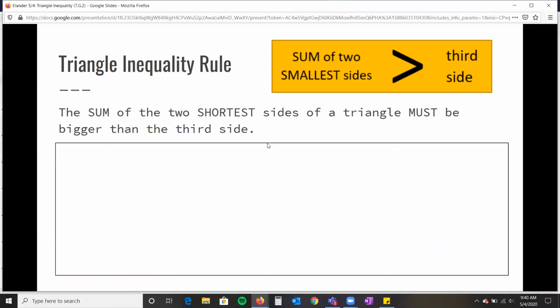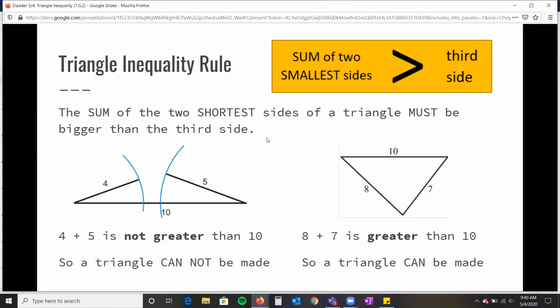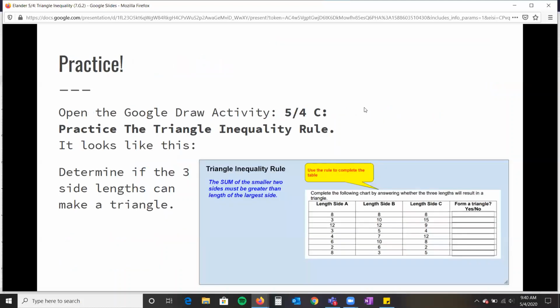All right, so that's our inequality rule. That's what you guys need to make sure you commit to memory: the sum of the two shortest sides must be bigger than the third side. All right, so we're going to practice. One last time, I'm going to have you guys work independently and try practicing the inequality rule.